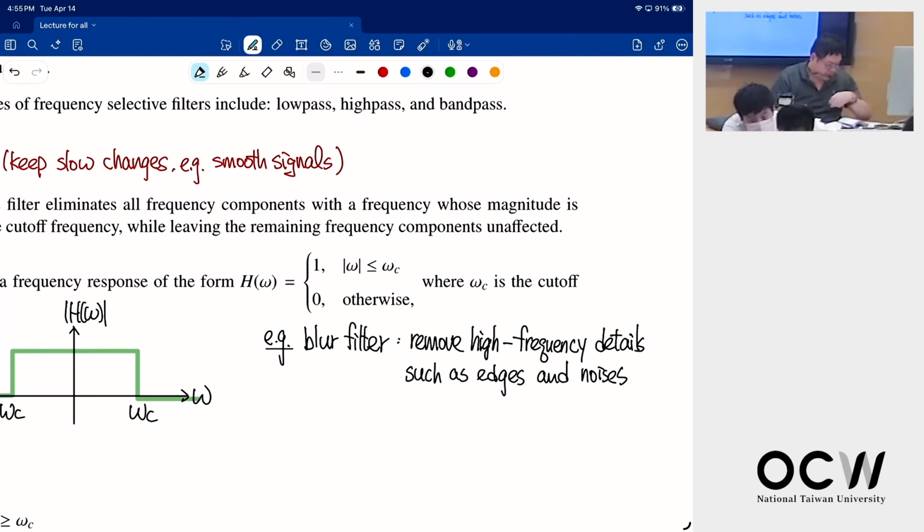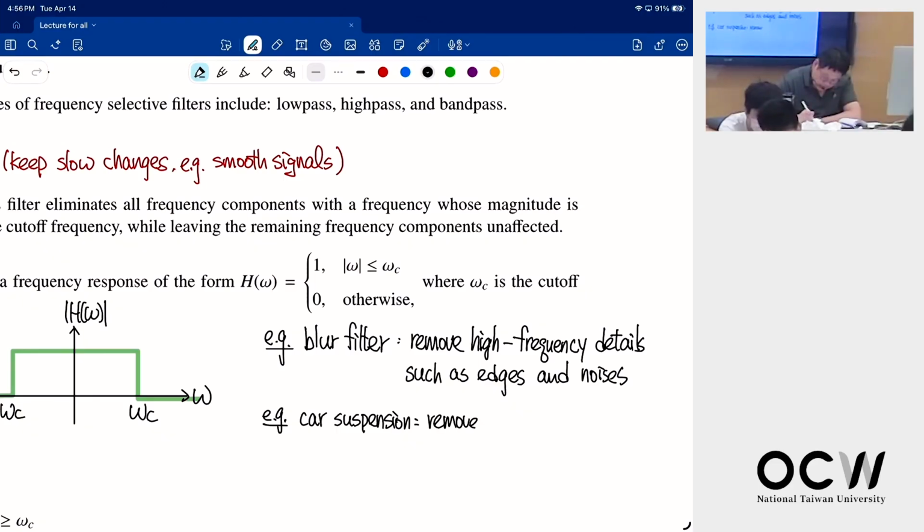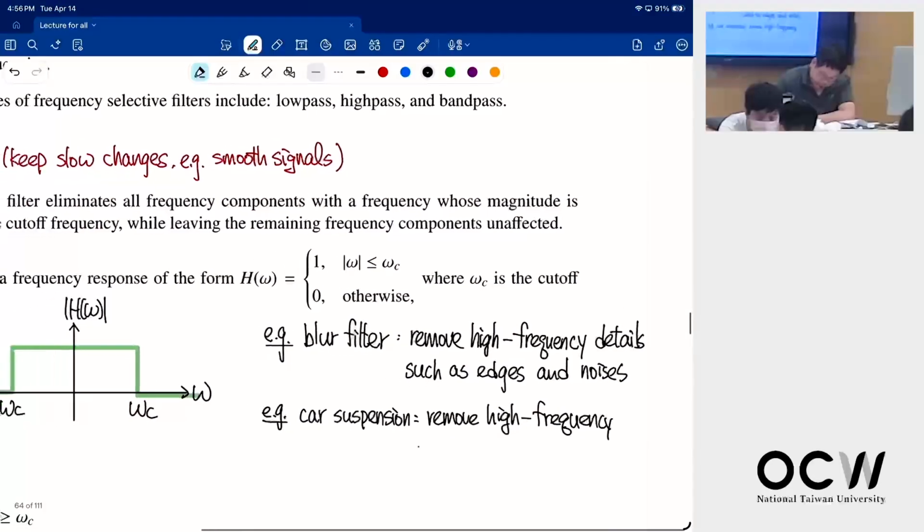So the car suspension tries to remove high frequency vibration, like road bumps.